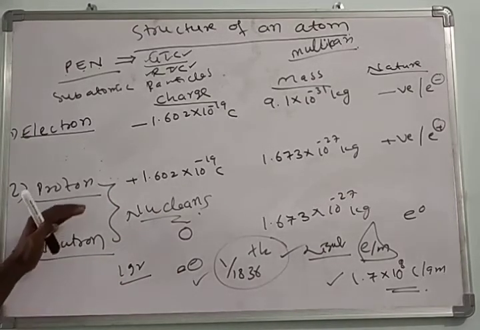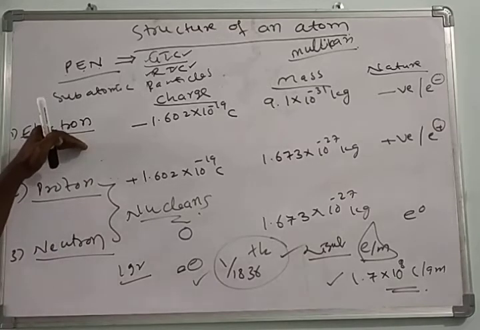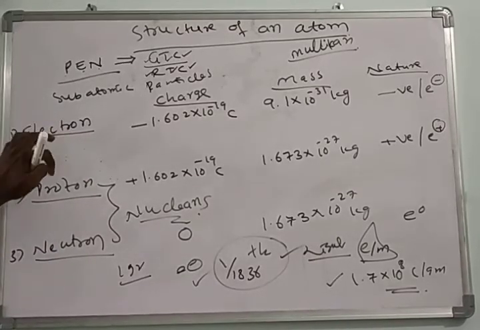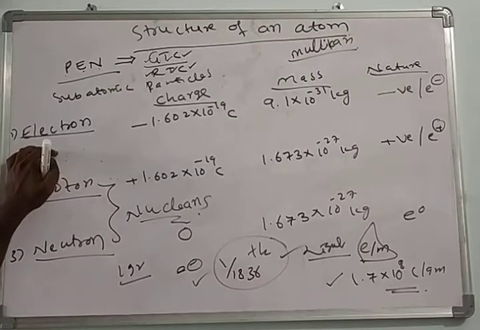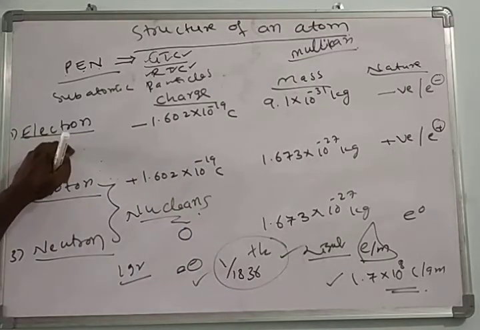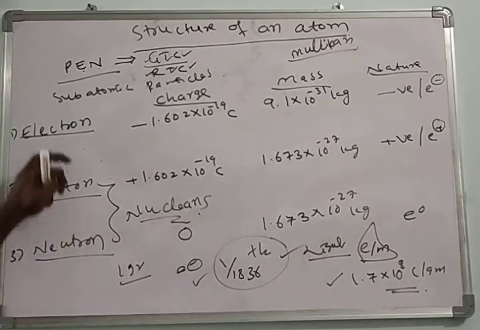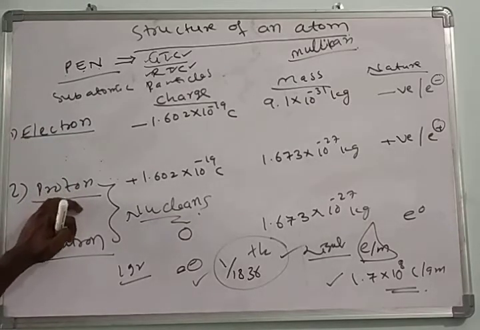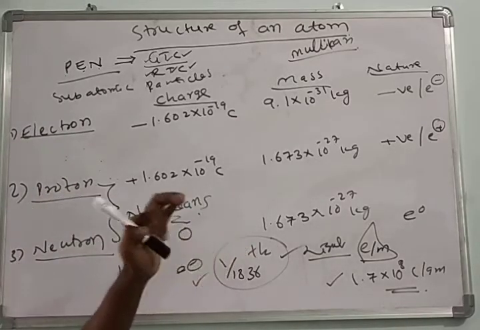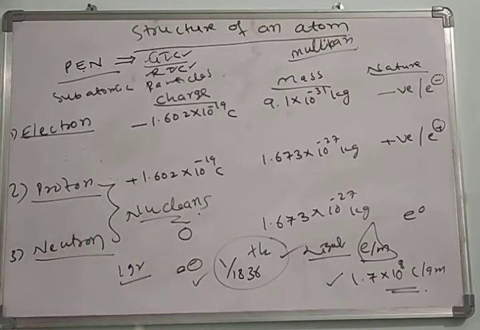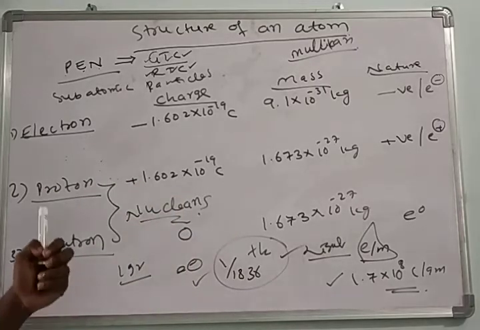Electron, the negative charge, moves toward the positive electrode, so these are called cathode rays. Canal rays are the proton rays, which we call anode rays, because they move toward the cathode.